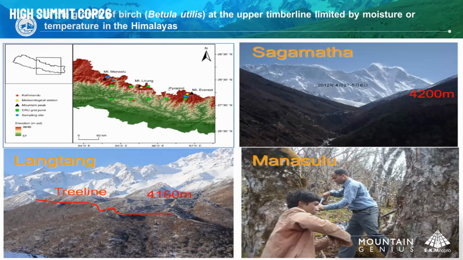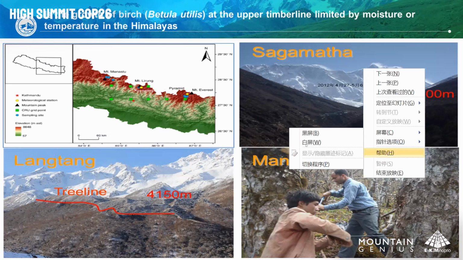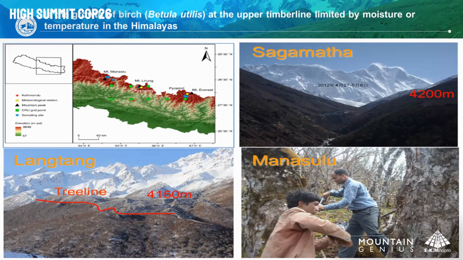Normally, tree growth at the tree line is thought to be limited by temperature, but in this case, we tried to test whether tree growth is limited by moisture. We got several tree line sites. We took cores from the birch trees along the Himalaya mountain.